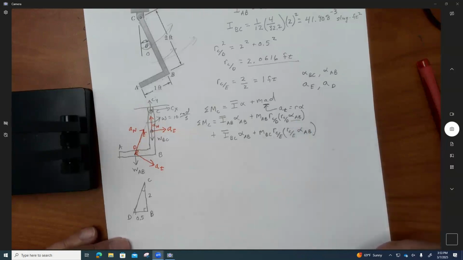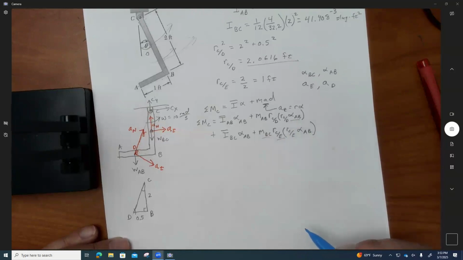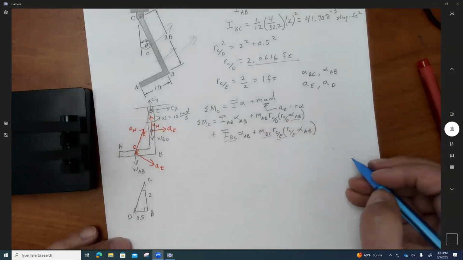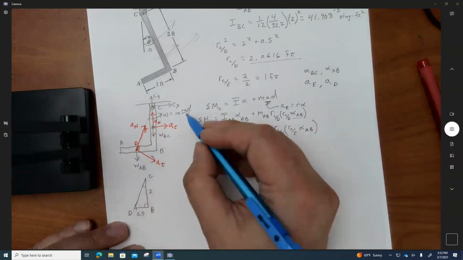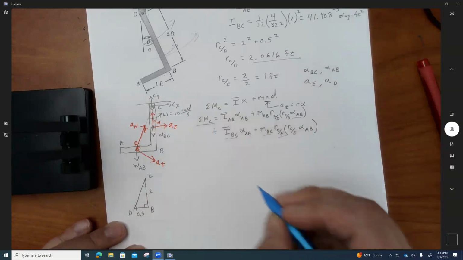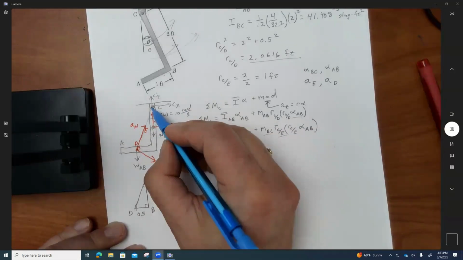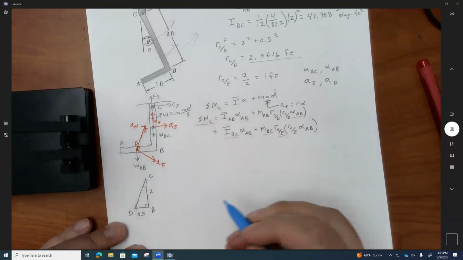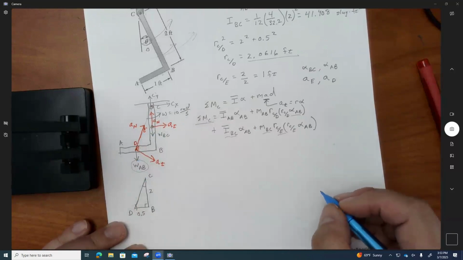And that should take care of all of the components we need to be able to calculate our alpha. We know mass, that's been given to us. We just found out our R components. We found out our I bars, and we can sum moments on the left-hand side of the equation with our forces. All right, so on the left-hand side of the equation, if we're summing moments at C, and we're thinking back to statics, so we don't worry about anything in red, the only thing that creates a moment around C is the weight AB.